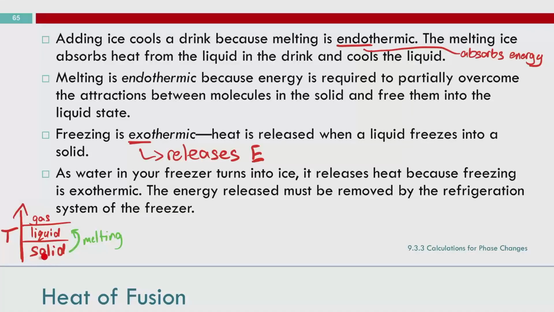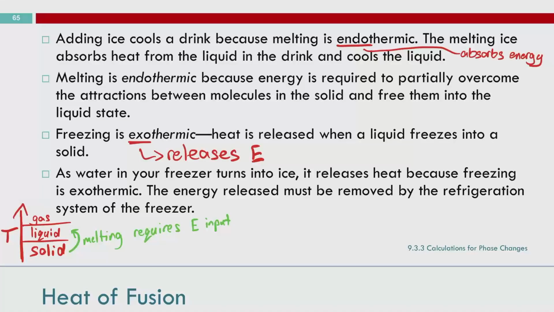Do we have to put energy in, or take energy out to get it to do that? You'd have to put energy in. So melting requires energy input. That's why it's endothermic.